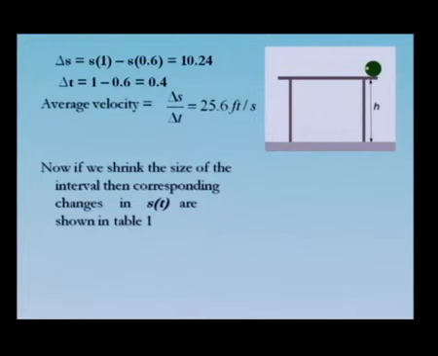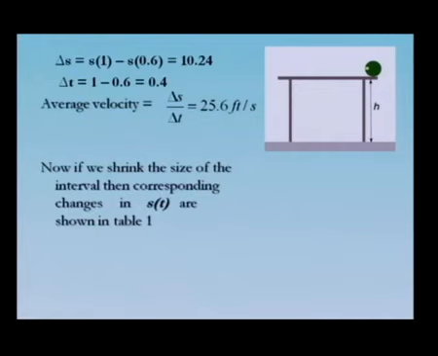The change in position is delta s = s(1) - s(0.6), that is 10.24, and the change in time is delta t = 1 - 0.6 = 0.4. Using the formula of average velocity, we calculate the average velocity equals 25.6 feet per second.